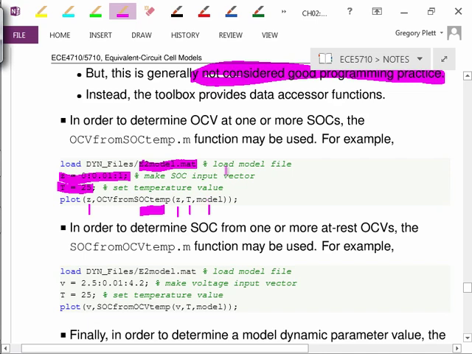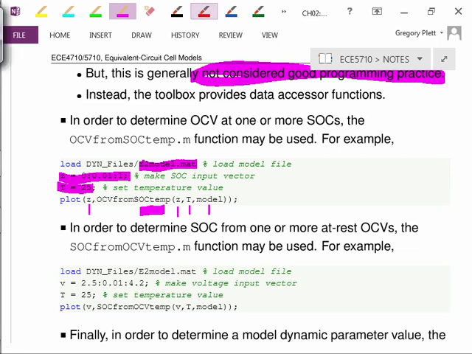So that, again, OCV from SOC temp does all of the tricky bits of computing open circuit voltage. If you remember back a couple sections, we said that this calculation was relatively straightforward. It was a table lookup and an interpolation, and that's what that function does, but it does it in a way that is very efficient in MATLAB.